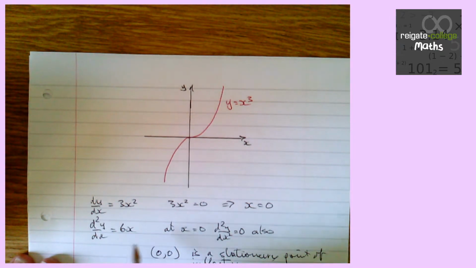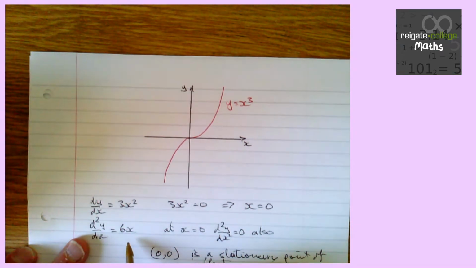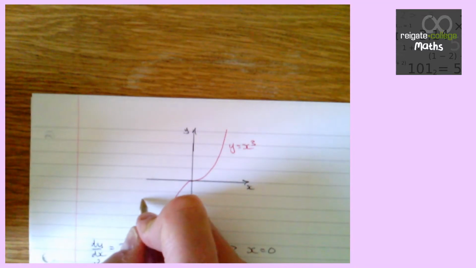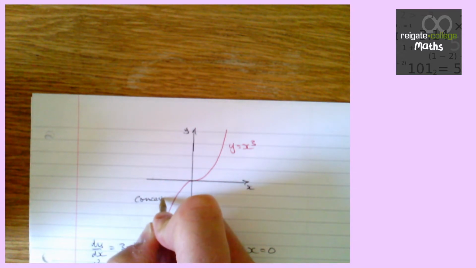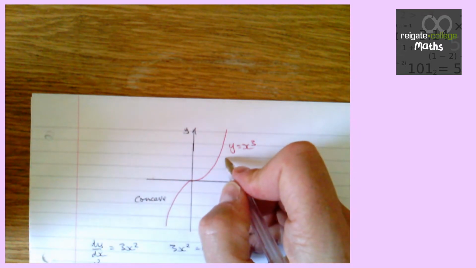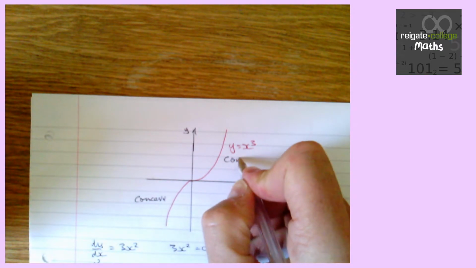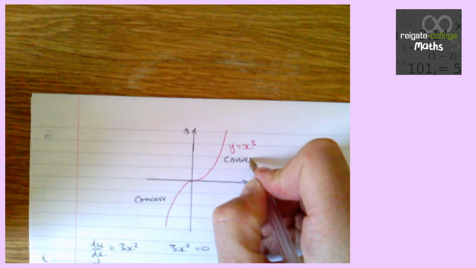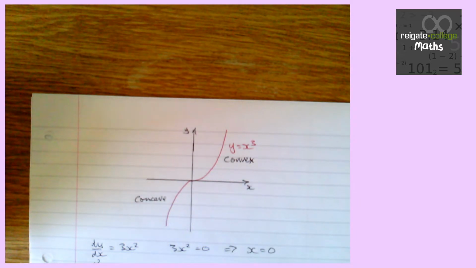Okay. Point of inflection is where the second derivative is equal to 0. This section of the curve is concave, this section of the curve is convex, and it's at the point of inflection that changes.